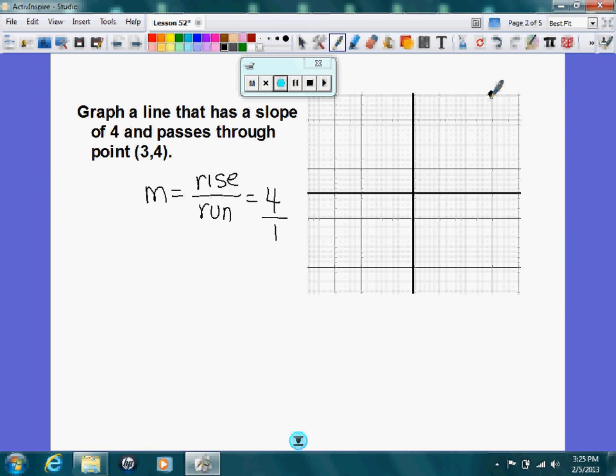So from here we go down 4: 1, 2, 3, 4, and run 1, so right here. And here would be our line, something like that. Notice it goes up to the right. We don't know where it crosses the y-axis. It crosses the y-axis way down here or something. That's okay. All right, let's move on.